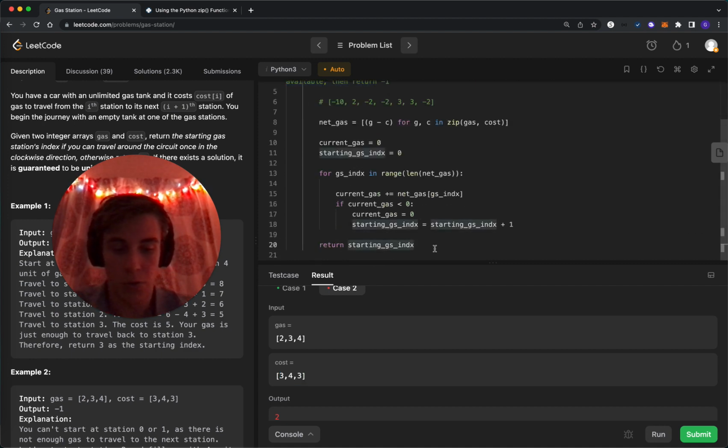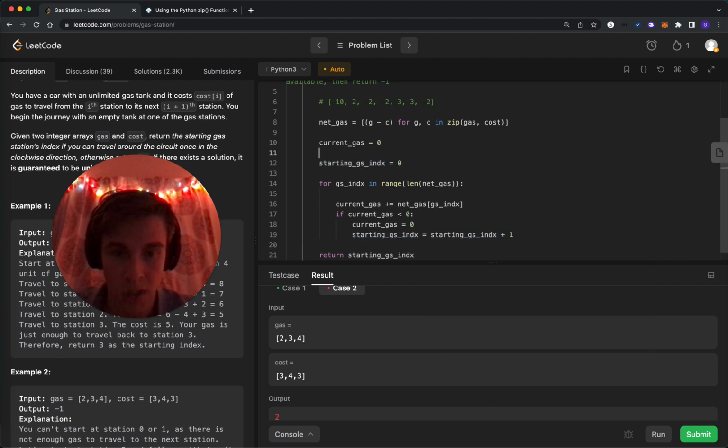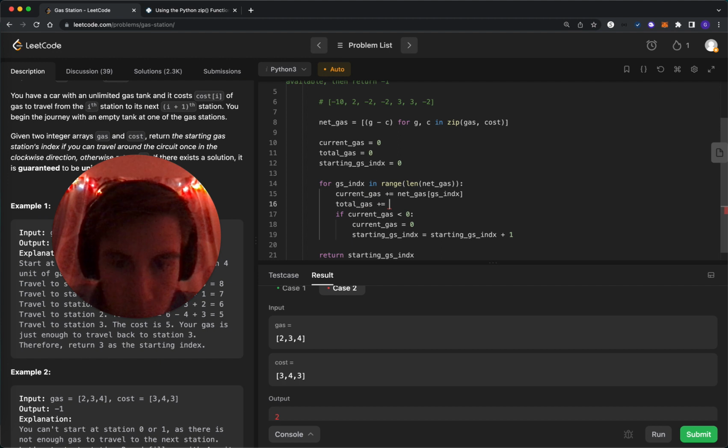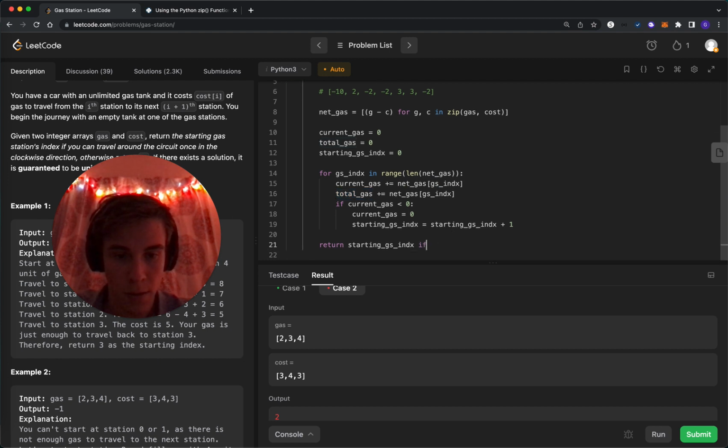So what if I do, let me calculate it here. Total gas, total gas plus net gas. If gas bigger than 0, else -1.